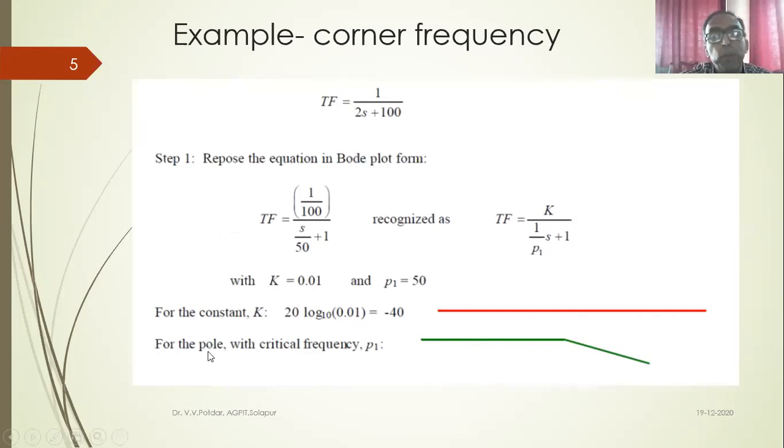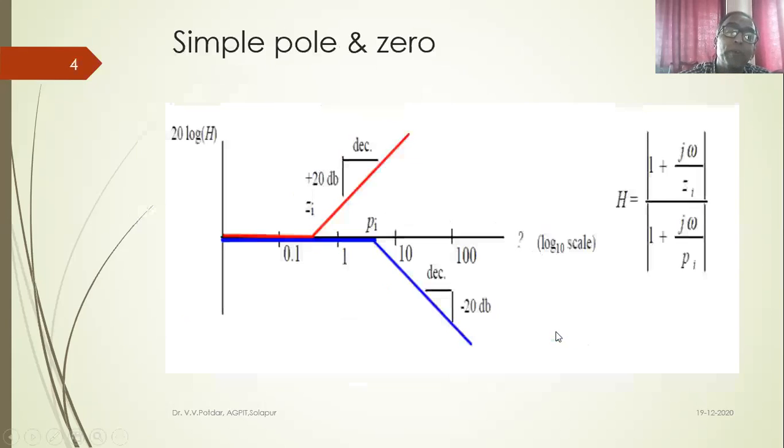And for the simple pole, some call it the critical frequency. We call it the corner frequency. At the corner frequency, that is where I should start my straight line of slope for the simple pole. The slope is minus 20 decibel per decade. So this will be a straight line of slope minus 20 decibel per decade, starting at the corner frequency of 50 on my semi-log paper.